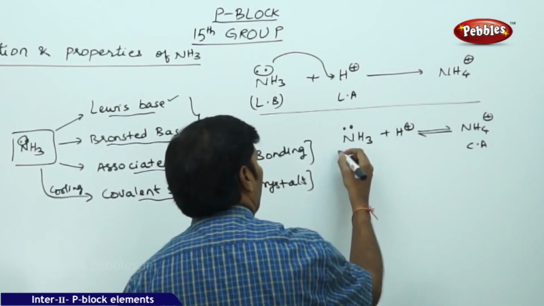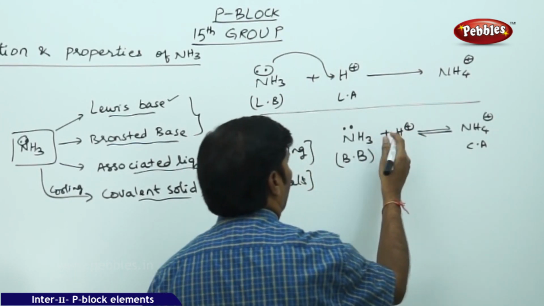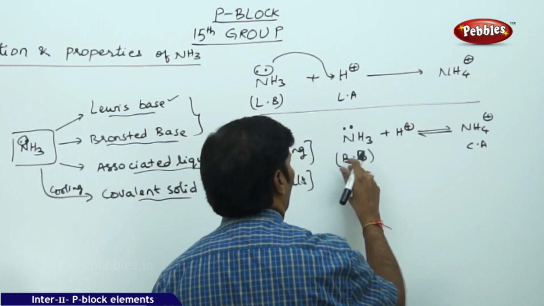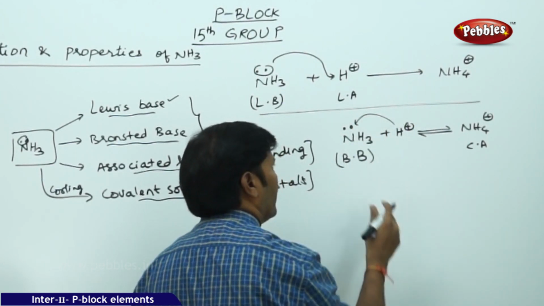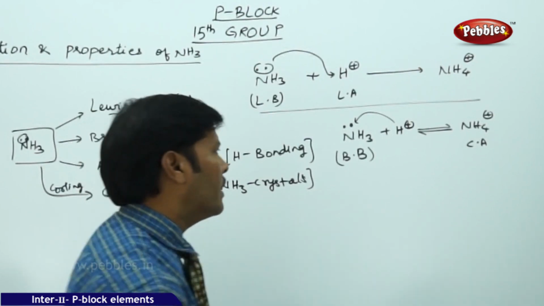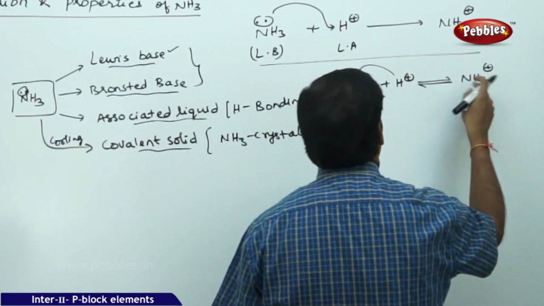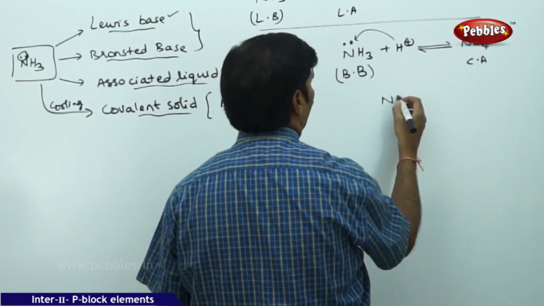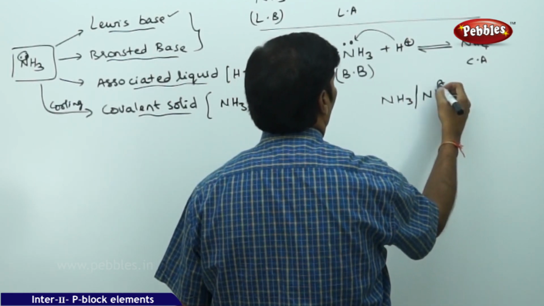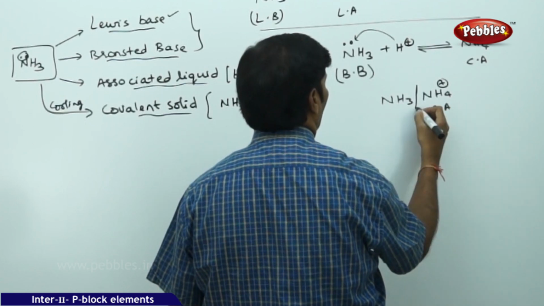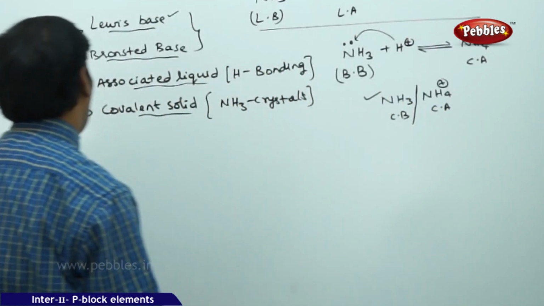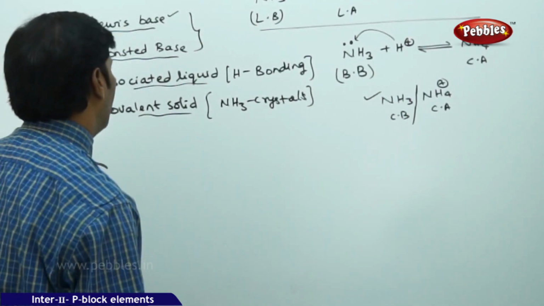So we can say that here the ammonia molecule, acting as a Bronsted base, is accepting a proton, and the resulting species is the ammonium ion. So NH3 and NH4 plus form a conjugate acid-base pair, conjugate base and conjugate acid. This is what you need to keep in mind. So a conjugate acid-base pair has been formed.